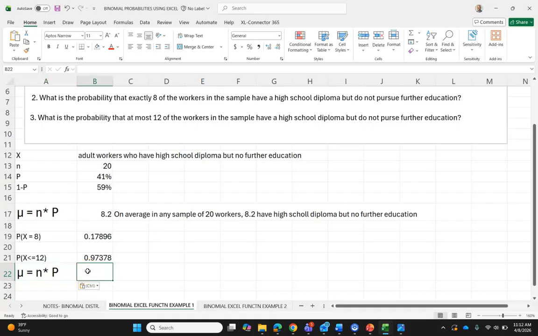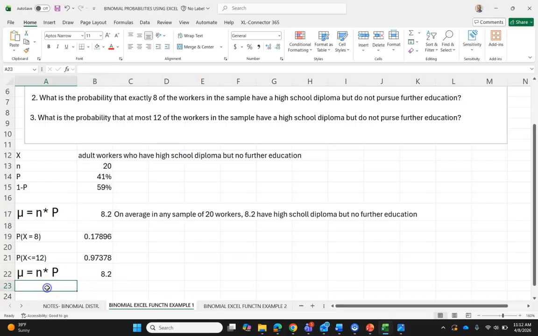To get this, all we need to do is put an equal sign, click on N, which is 20, number of trials, times the probability of success, which is 41%. And so we can get 8.2 as well. Did I select from here? Oh, yes, from this question. So 20 times 41%. And so actually the average is 8.2.